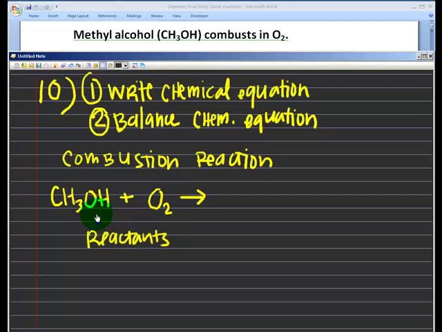So CH3OH and O2 are our reactants. Now our products, we have to memorize these two products for combustion reactions, and they are always CO2, which is carbon dioxide, plus water, or H2O. And to the right of your arrow are your products, always. And again, it's CO2 and H2O.